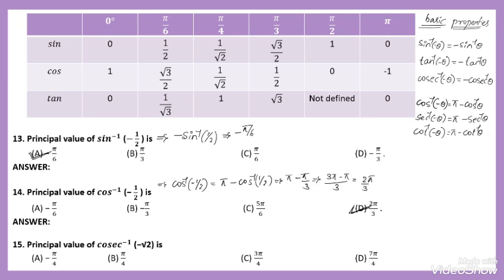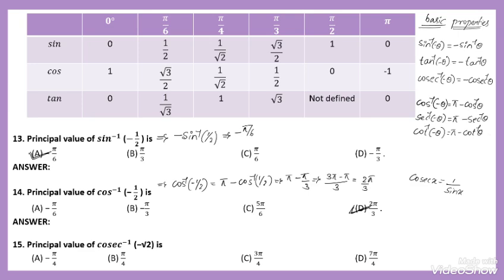Then, the principal value of cosec inverse of minus root 2. We already know that cosec x is equal to 1 divided by sin x. Here I can use this property.